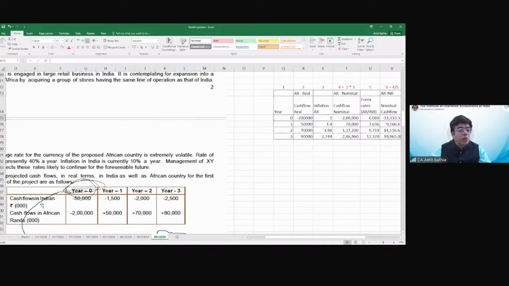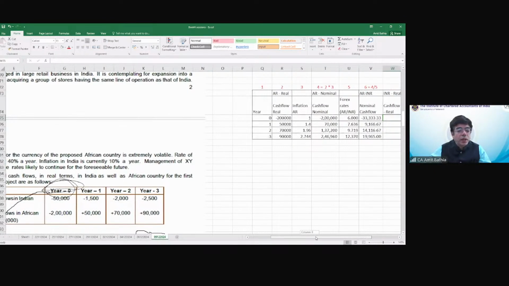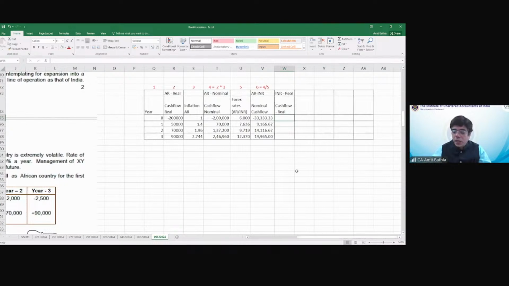Cash flows in Indian rupees in thousands: minus 50,000, minus 1,500, minus 2,000 and minus 2,500. All cash flows are negative. These are my INR real cash flows.